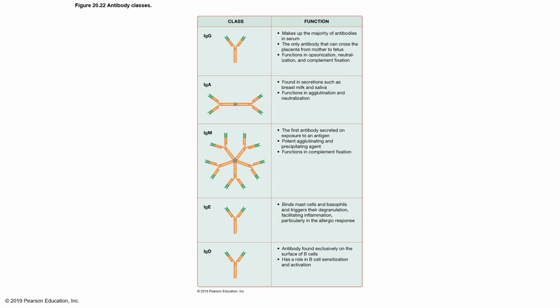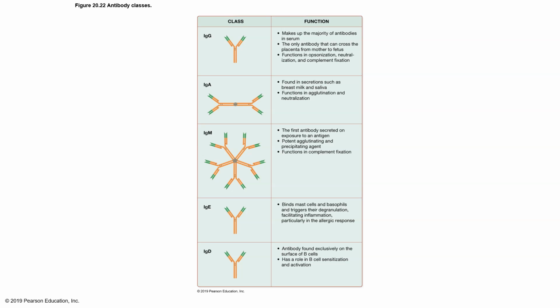So those are your 5 classes: IgG, IgA, IgM, IgE, and IgD. IgG makes up the majority of your antibodies in your serum. It's the only antibody that confers immunity to the fetus because it can cross the placenta from the mother to the fetus.